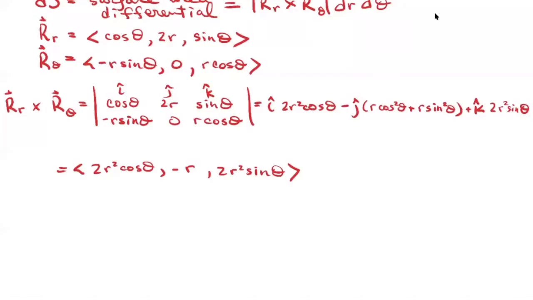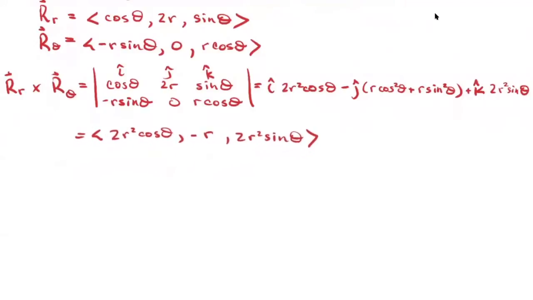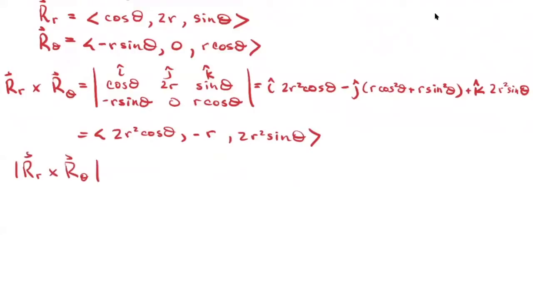We need the magnitude of this. Now, magnitudes of vectors that are cross products, the magnitude becomes an area. So magnitude of R with respect to r cross R with respect to theta is what we're working on now. Okay, so this should be fun. So we're going to have a 4r to the 4th.